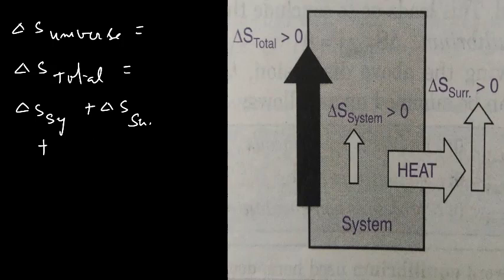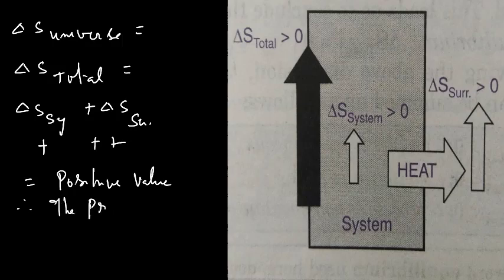Here delta S surroundings is greater than 0, that means it is plus. Delta S system is also plus. Therefore, when two positive values are added, we get a positive value. Therefore, the process is spontaneous.